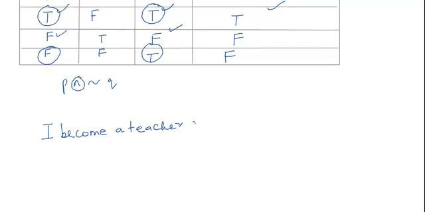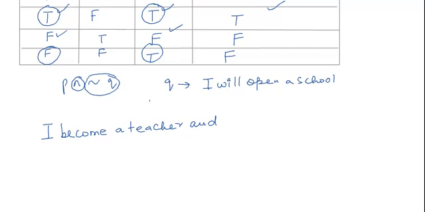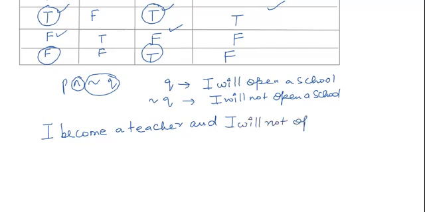The statement Q is I will open a school, but here it's a negation of Q, so we will be writing the negation of Q as I will not open a school. So, I become a teacher and I will not open a school, that should be the negation of the given statement.